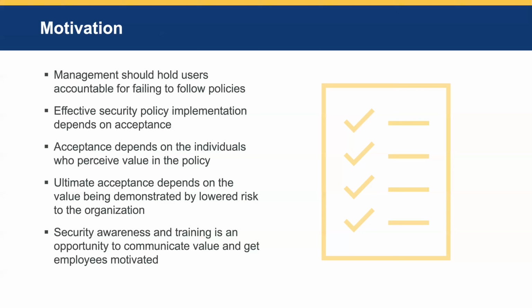So the key point of having an effective security policy implementation is going to rely on having users within the organization that are motivated and accepting. So acceptance ensures that the policy has value, and as long as something has value within an organization, it will be upheld.